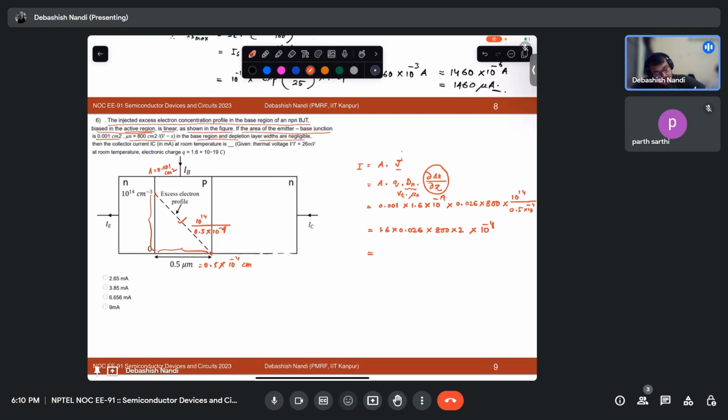This will come out to be 6.656 milliampere. So again, the same principle: you just need to remember that current is due to diffusion.